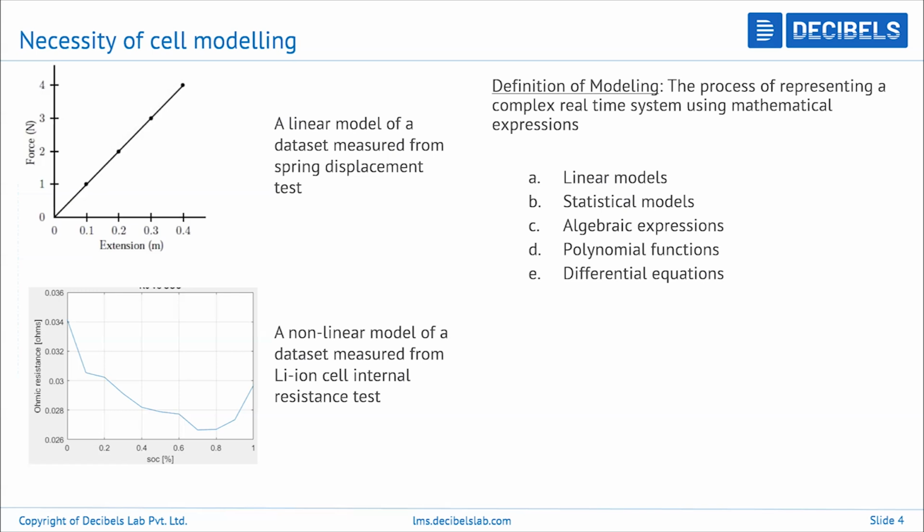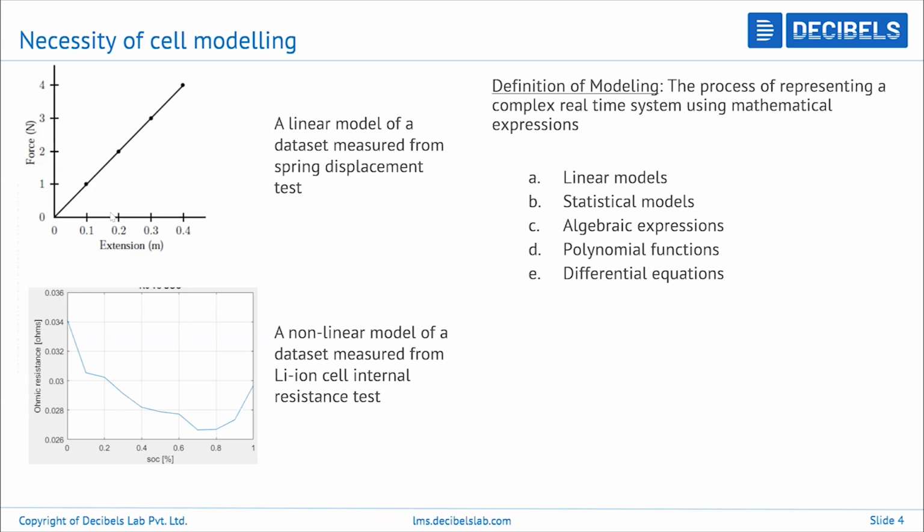So we can take a few examples. For example, we can consider a simple experiment which many people would have studied in their school or in their college as well. When you take a spring and you displace it with some load and you measure how it extends, you will notice that the amount of force applied is directly proportional to the elongation, or you can say extension of the spring.